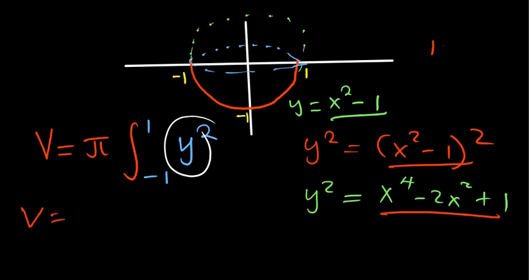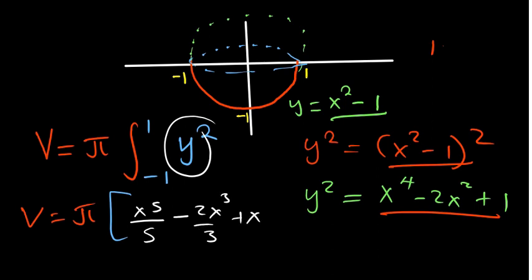If we integrate that, we're going to have x to the power 5 over 5 minus 2x to the power 3 over 3 plus x, and then of course the limits 1 and negative 1 respectively.